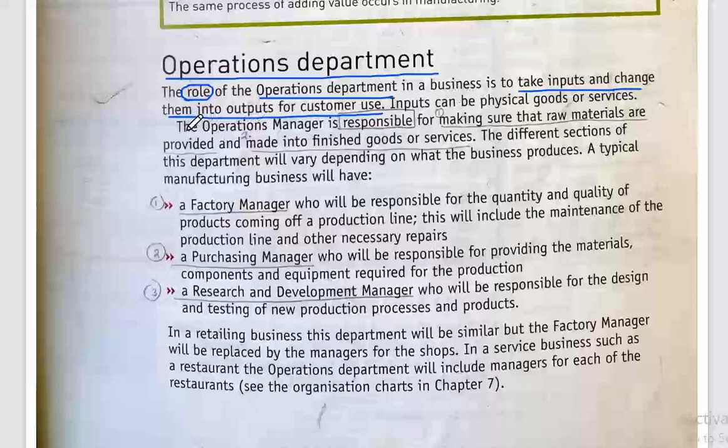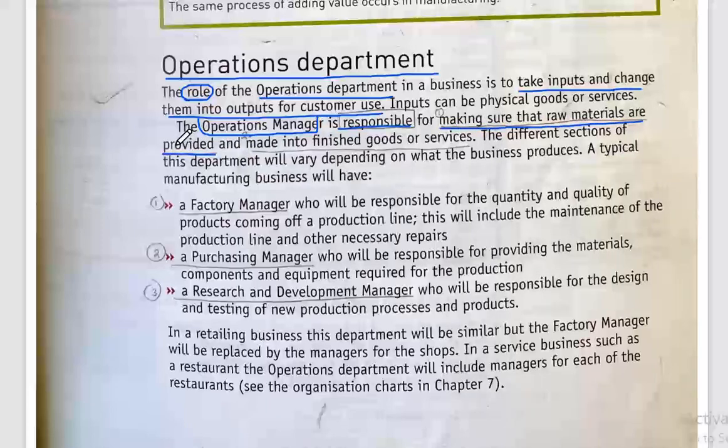So we have a manager. The first manager is the operation manager. All right. So what are the responsibilities of the operation manager? Number one, his responsibility is making sure that raw materials are provided.